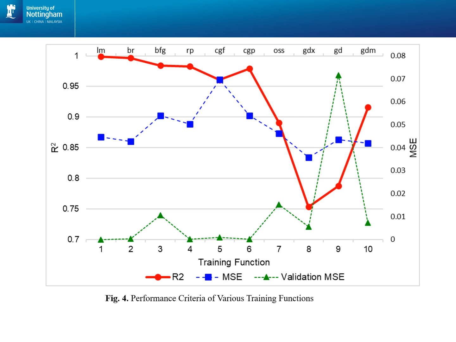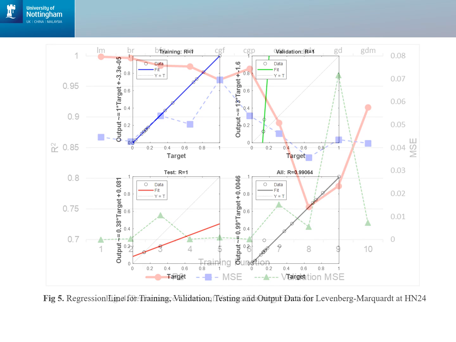Once again, this graph shows the performance criterion for various training functions. So as I mentioned, the different training functions were tried out, and out of the different training algorithms, train LM gave us the best results in terms of R squared and MSE values.